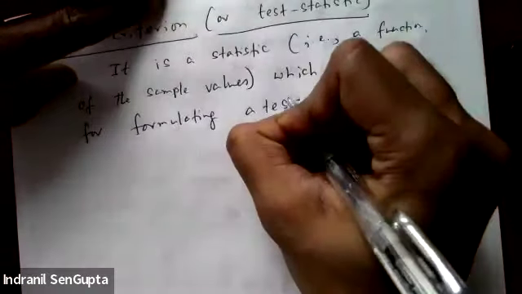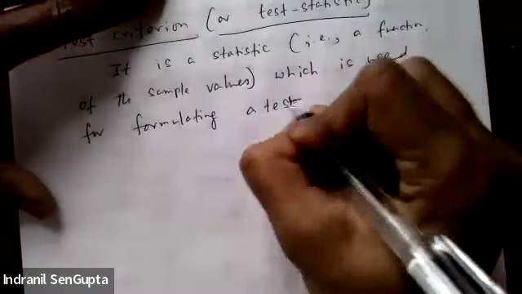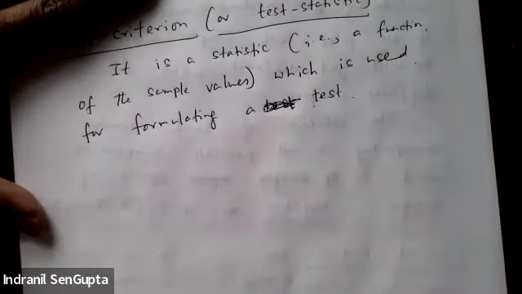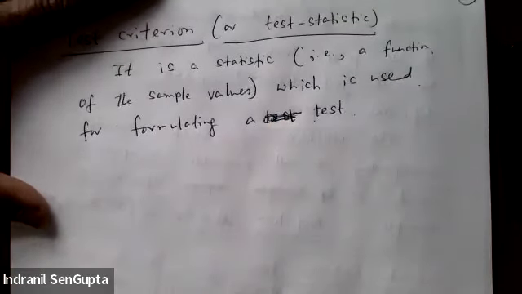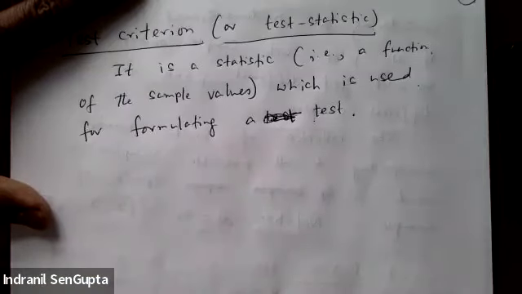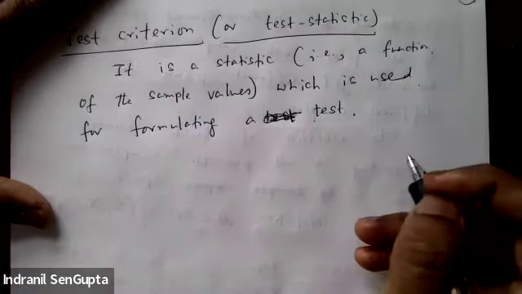You'll see what it means. For example, we'll have a test statistic in terms of the z or the t distribution. All right, so that is pretty much it.